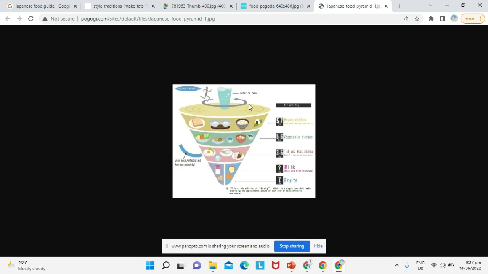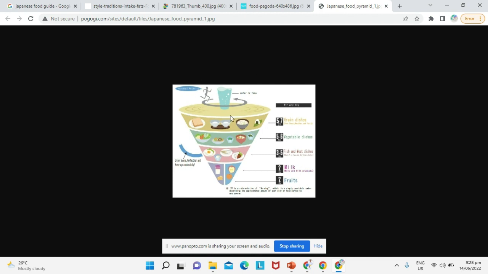Diba? So you should keep the top spinning, no? And the only way to do that is to pair it up with physical activity. And of course, adequate amount of water or hydration. Same ra gyapon siya sa atong food pyramid, pero bali siya kay trumpo man siya and spinning siya.